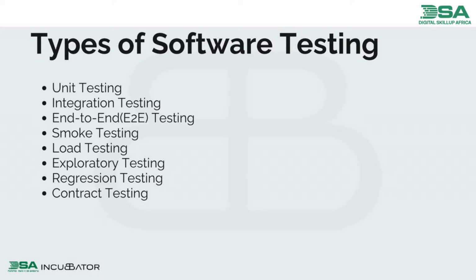So for regression testing, you are actually testing old features to ensure that they still work after new changes were introduced into the system. So this prevents new code from breaking existing functionalities. And this you will typically want to do after every release or after a major refactor has happened.